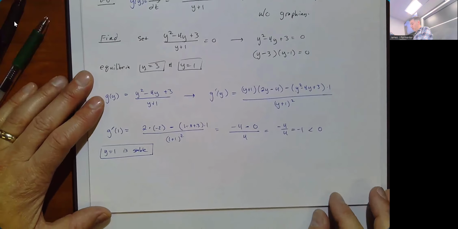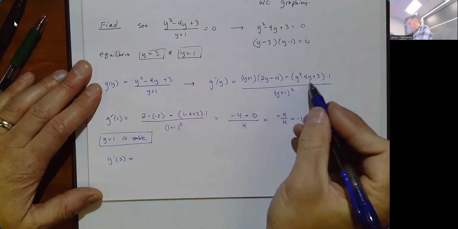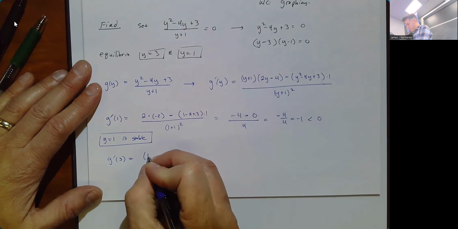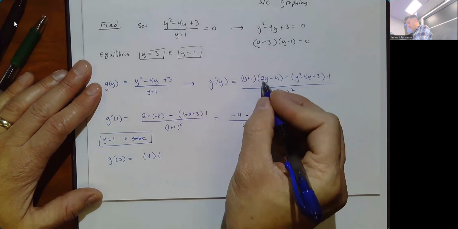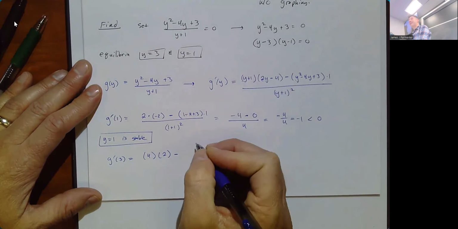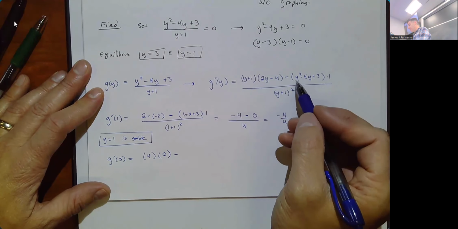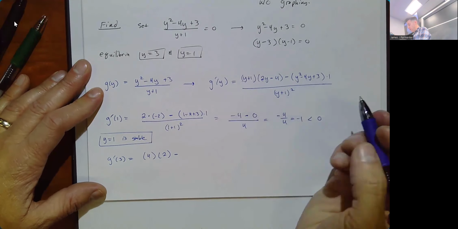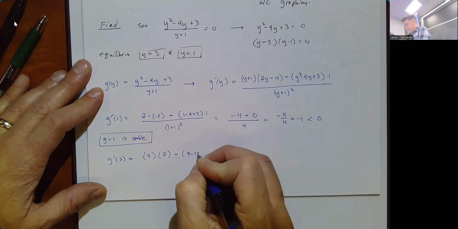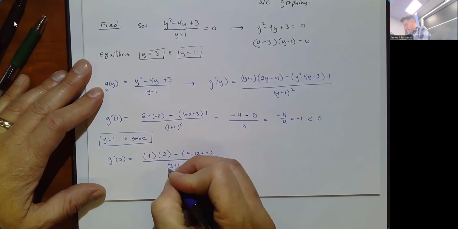Let's see what happens when we plug in 3. Okay, so looking at this again, I'm going to get 3 plus 1 times 2 times 3 is 6, minus 4 is 2, minus, again, when we plug in 3 over here, we're going to get 0. 9 minus 12 plus 3 is 0. All divided by something that's for sure going to be positive.